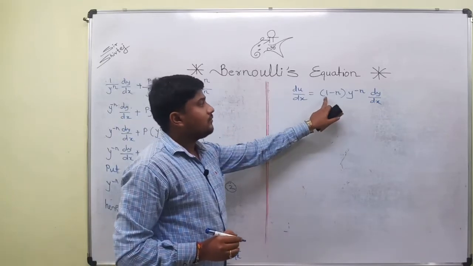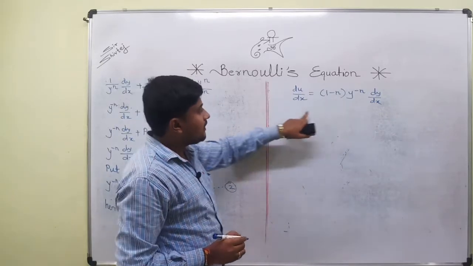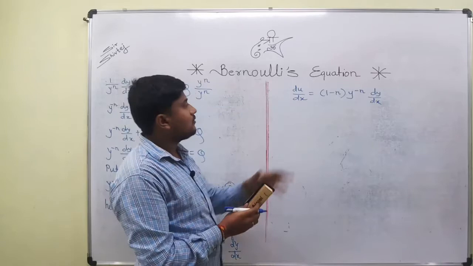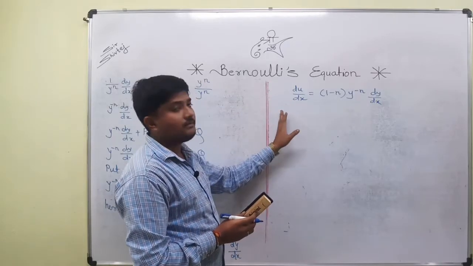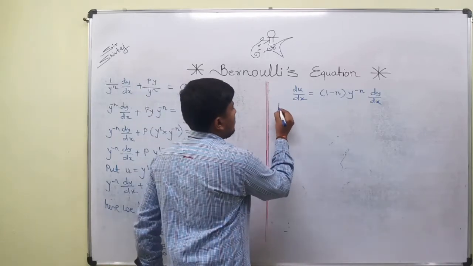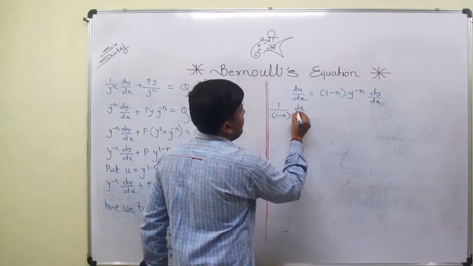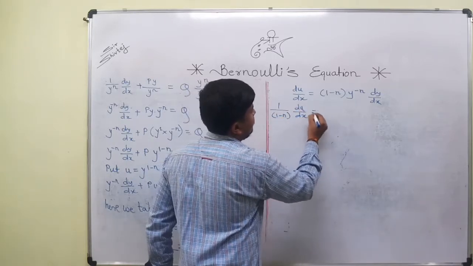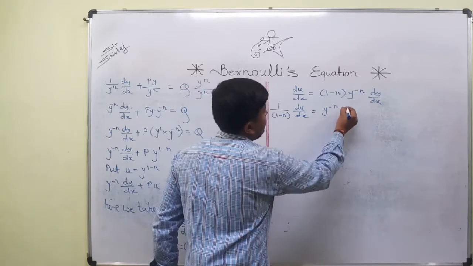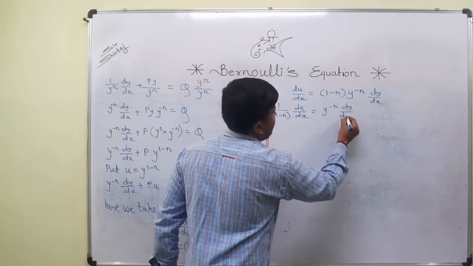Now that 1 minus n, it will be moved to the outside of du by dx, so it becomes 1 upon 1 minus n du by dx is equal to y raised to minus n dy by dx.